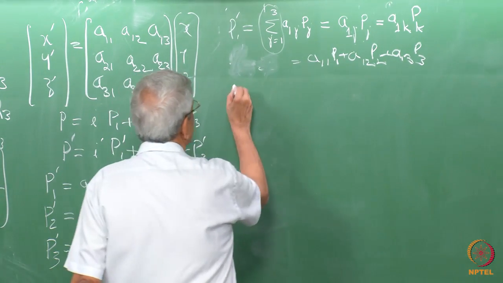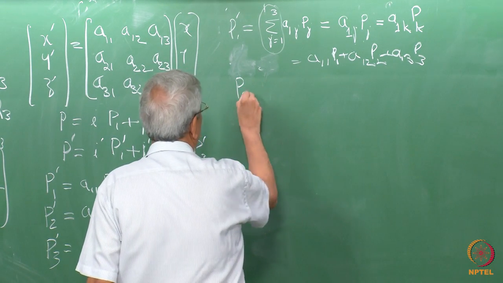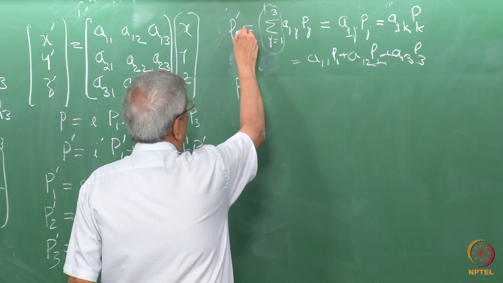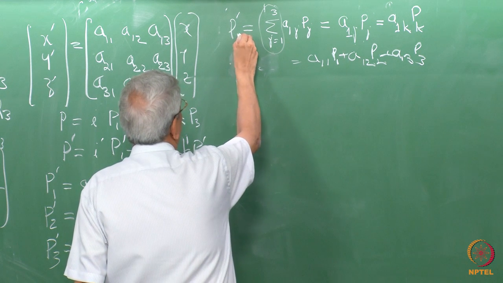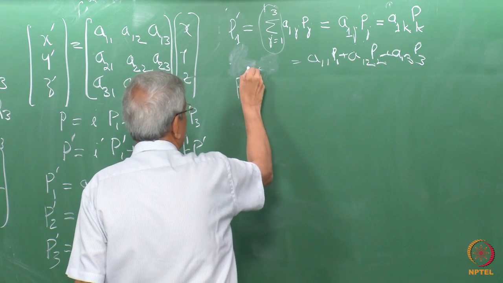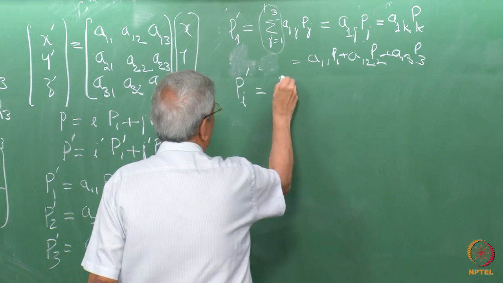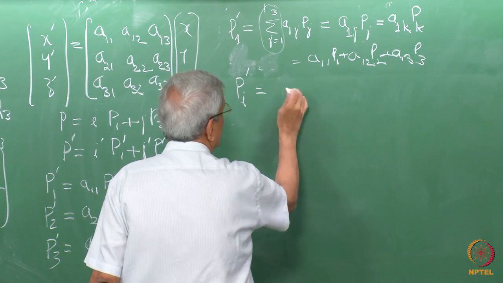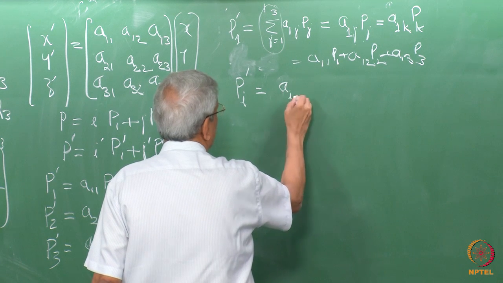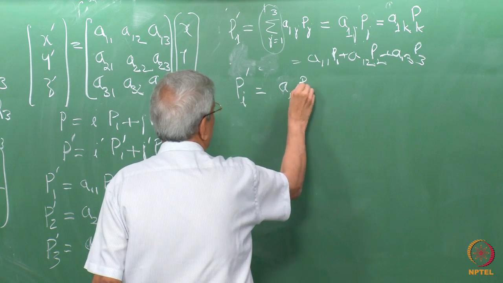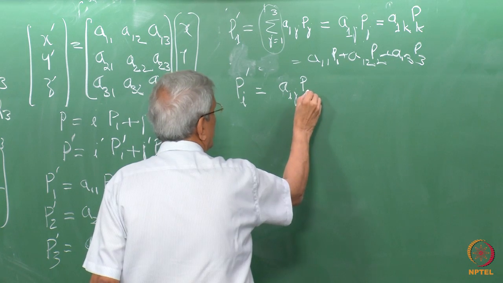And then this expression can be written like that. Here also the suffix is changing, so we will write pi dash as a i j pj.